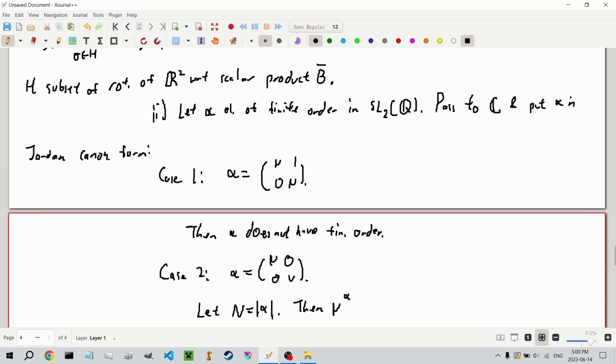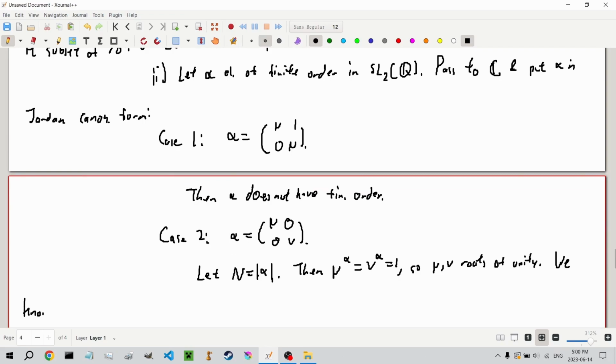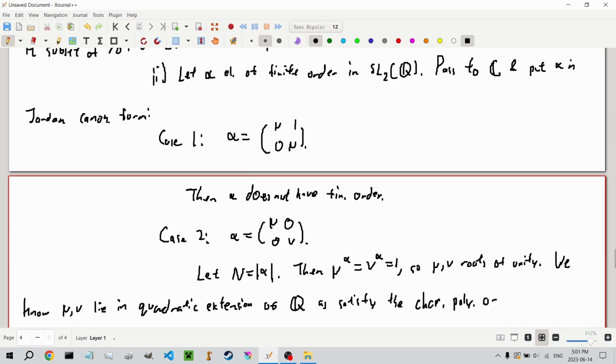Let n be the order of alpha, which, as you recall, is the smallest positive power of alpha that brings us back to the identity. Then mu to the n and nu to the n are 1, so mu and nu are roots of unity. We also know that mu and nu lie in a quadratic extension of the rationals, as they satisfy the characteristic polynomial of alpha.